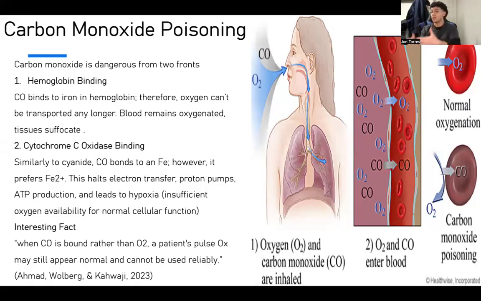And in this case, they do. It's just not necessarily oxygen. So I found this quote from a specific source that talks all about carbon monoxide and cyanide and some of the other ones we're going to talk about in a little bit. But when carbon monoxide is bound rather than O2, a patient's pulse ox may still appear normal and cannot be used reliably. I thought that was super interesting. I'd never considered that, but just a little clinical tidbit.